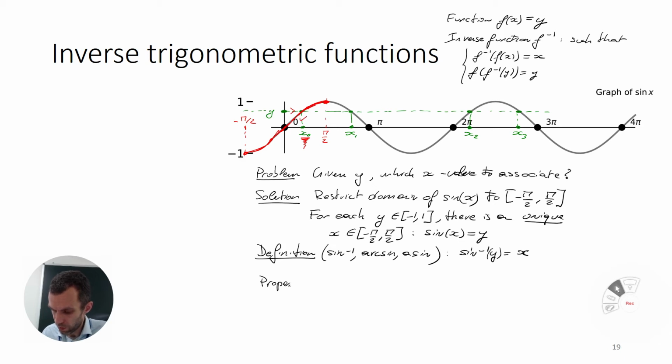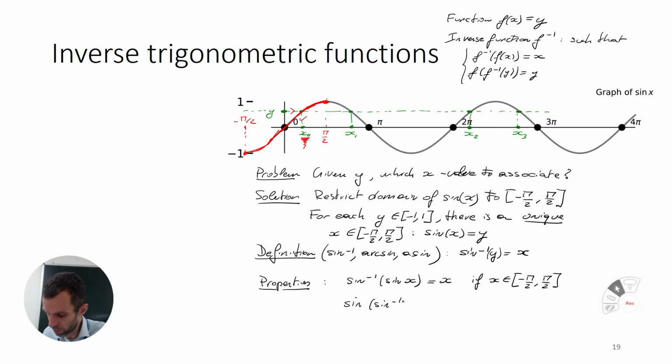If you look at this a little bit closer, you can see right away that there are some nice cancellation properties. If we apply the inverse sine to the sine, we get back our original x, but that's only true if x is in the interval minus pi over 2, pi over 2. Likewise, if we apply the sine to the inverse sine of some value, we get back the value we started from if y is in the interval -1, 1.